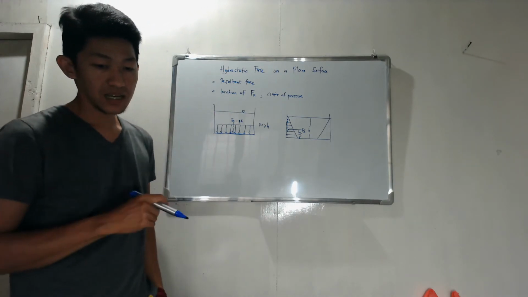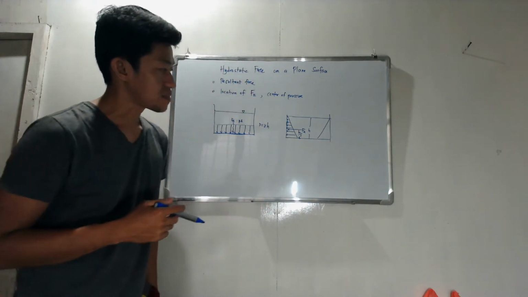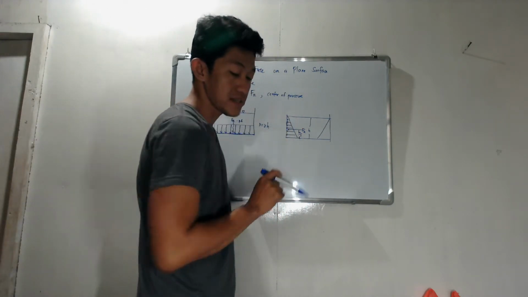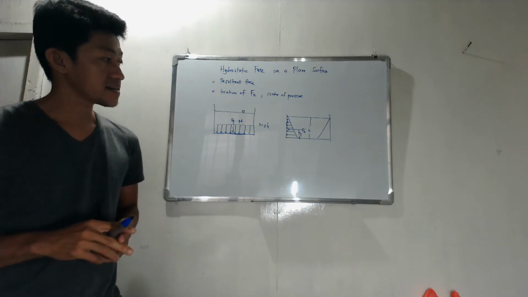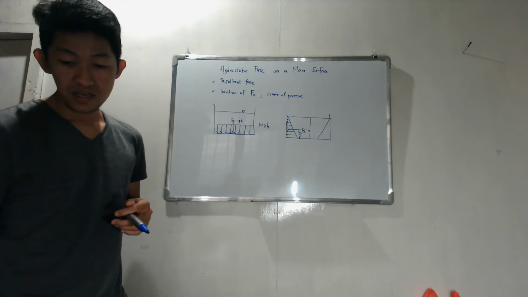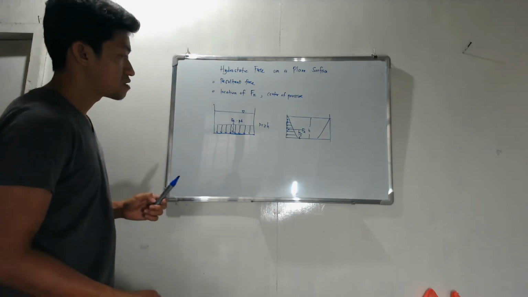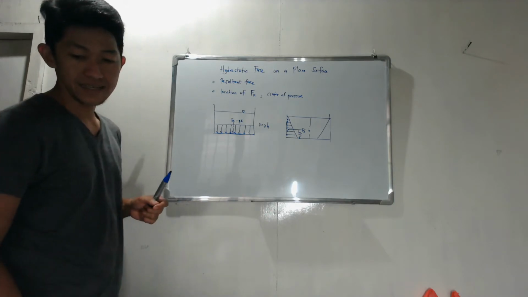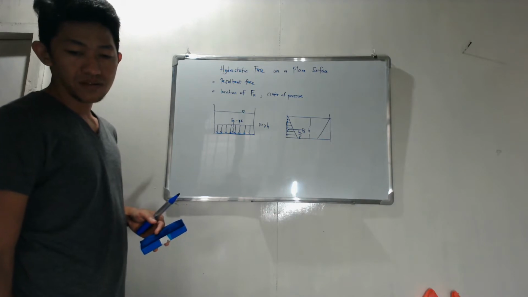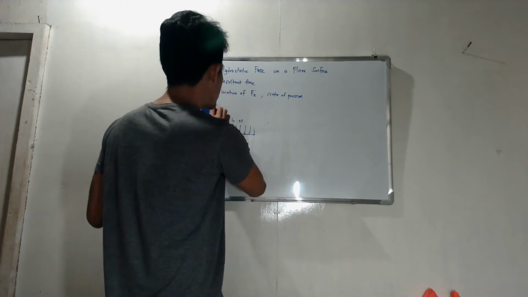Now, determining the resultant force. For a triangle, the centroid is at 1/3 of the height, so that is where the resultant force acts. Okay? So for a general case, we will proceed to the inclined surface, for example a dam.